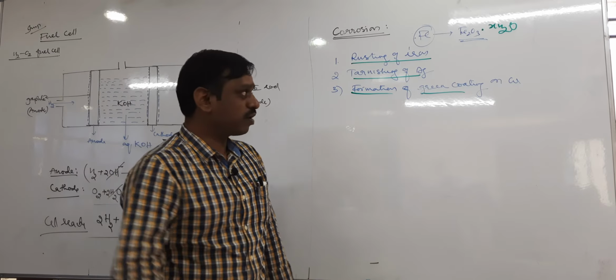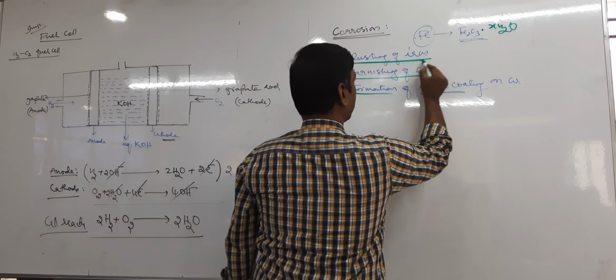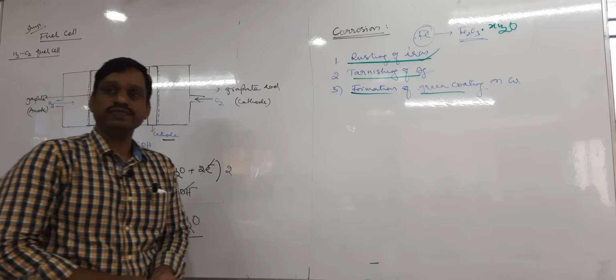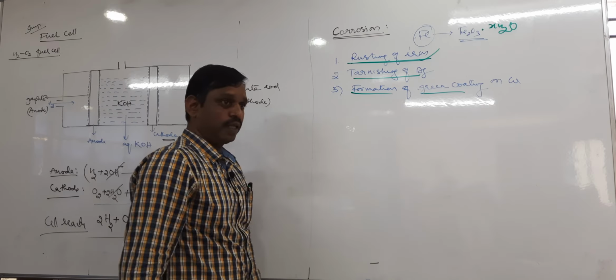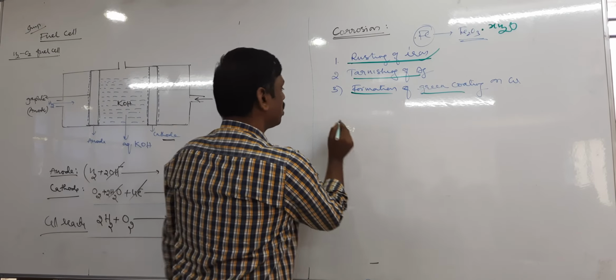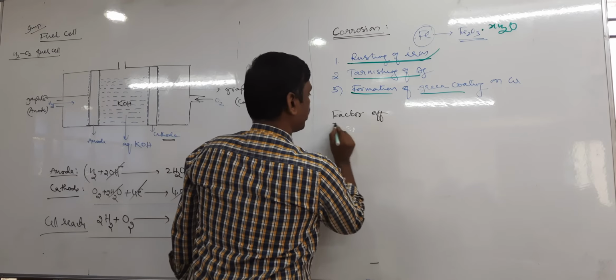There are three types of corrosion, but in our syllabus, rusting of iron is the one important corrosion, so let's say rusting of iron only. But before going to rusting of iron, what are the factors affecting corrosion?